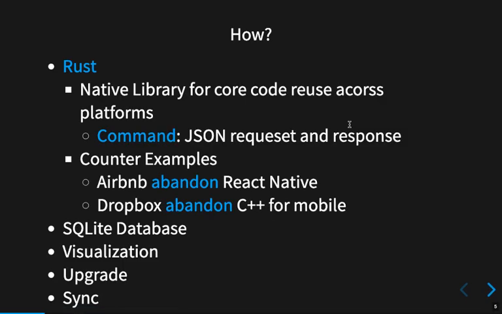So at the Rust level, it's a command request and a response in JSON format. The counter example is companies like Airbnb and Dropbox, which abandoned the native binary approach because they stuck to the main developer tools, I think considering team environments and recruiting technical talent.